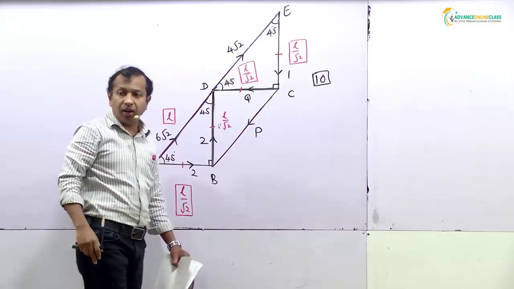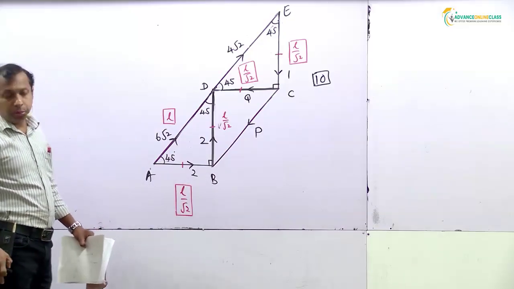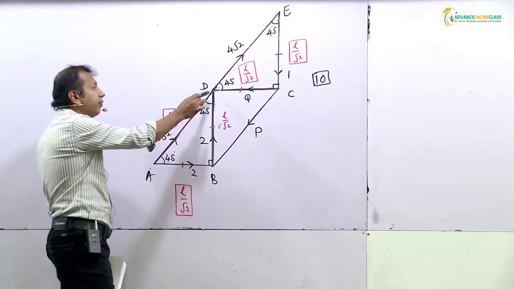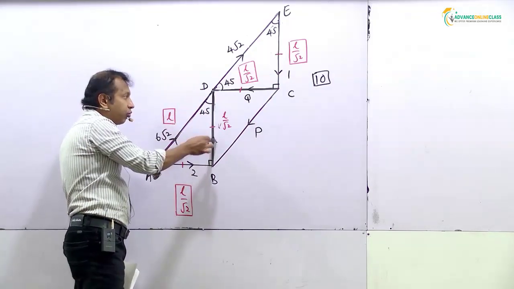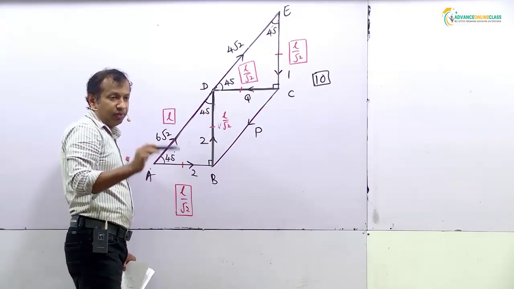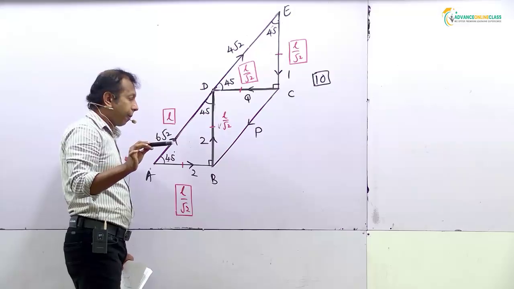Then you know, when you take moment around D, the resultant passes through this point, no? We have learned one theorem this way.